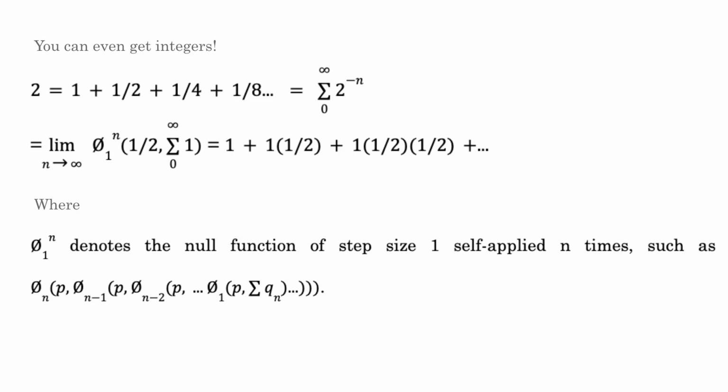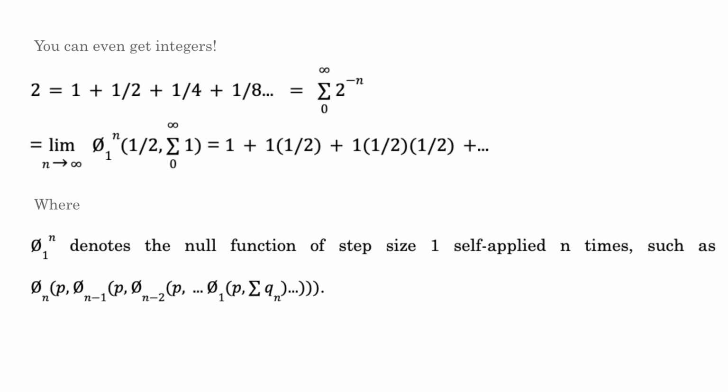This will illustrate in equation form as null sub n of p, null sub n minus 1 of p, null sub n minus 2, etc., until you get to null sub 1 of p, comma, summation q sub n, for any number or variable p and q sub n.